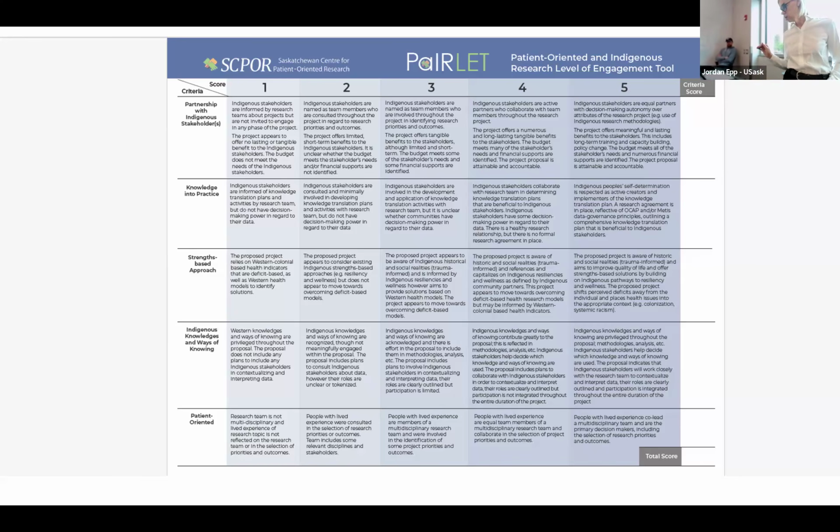So this tool, created by our Indigenous platform and our Indigenous Health Advisory Council, shares what it looks like to meaningfully engage with community.